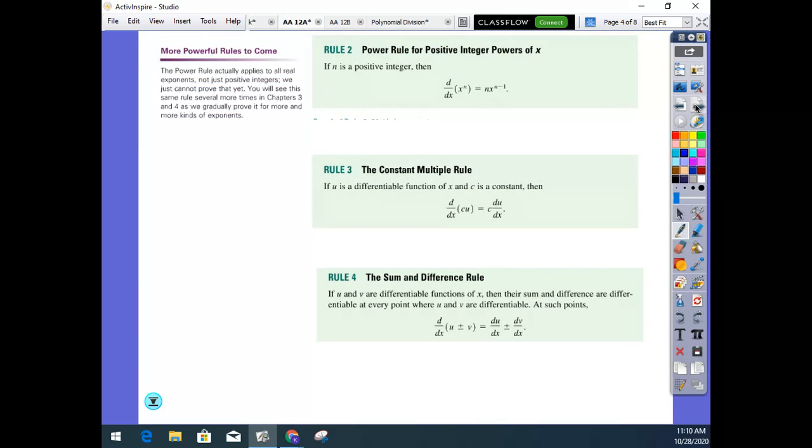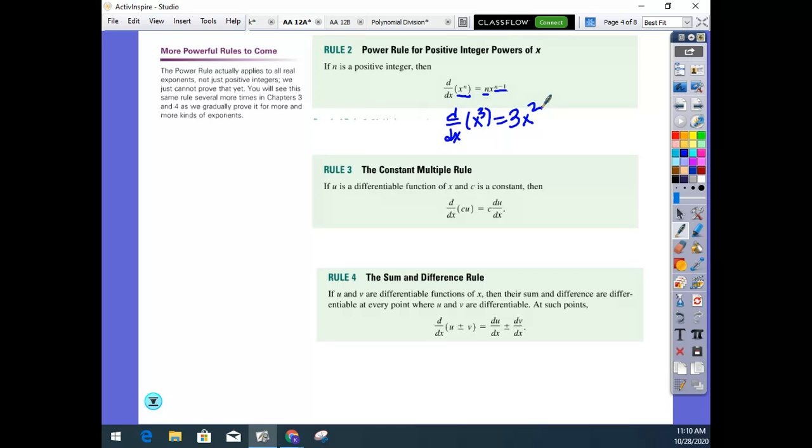So anytime we're taking a variable to a power, you basically drop the exponent in front of the x and subtract 1 from the exponent. That's why the derivative of x to the third is 3x squared.